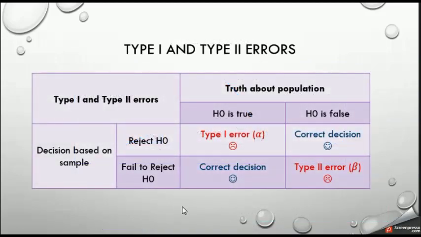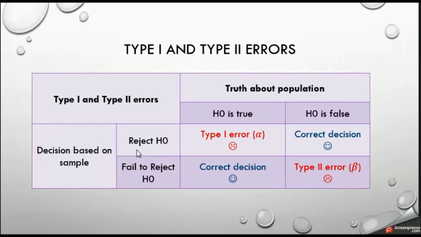Now let's have this illustration table of type 1 and type 2 error. Above we have the truth about the population. Here we have the decision based on our sample, or our conclusion.